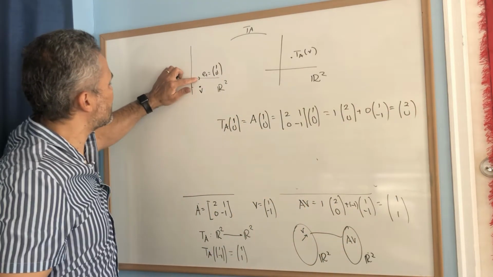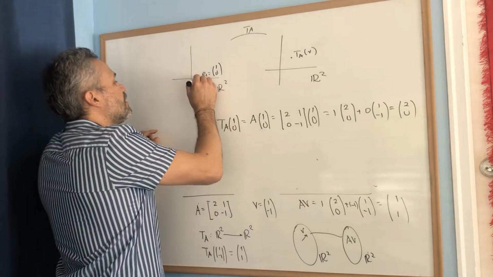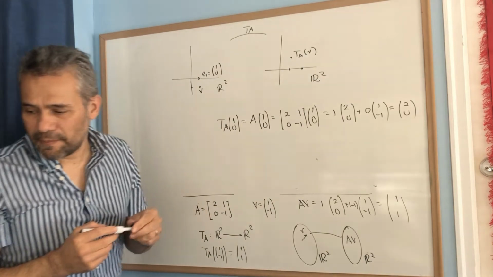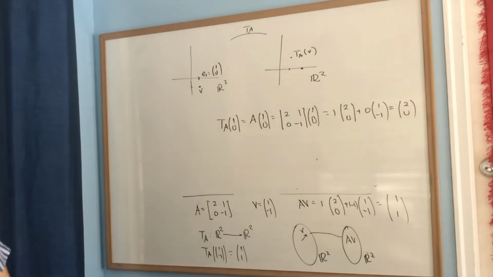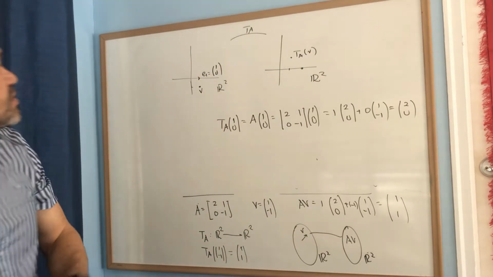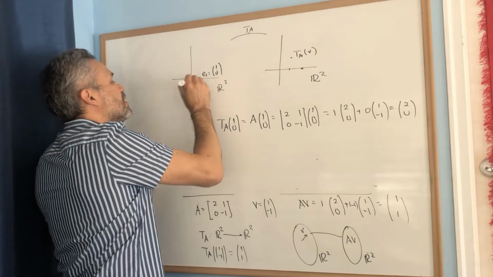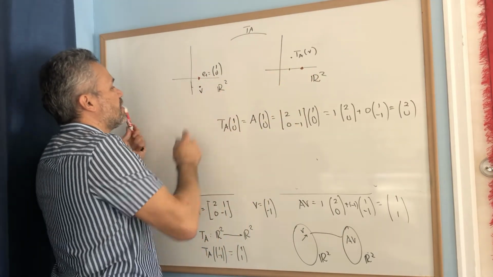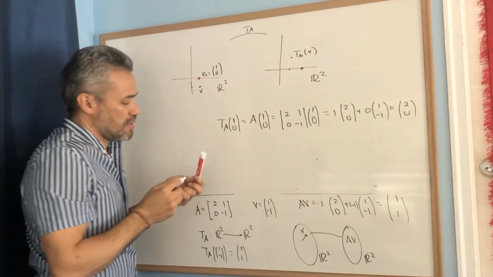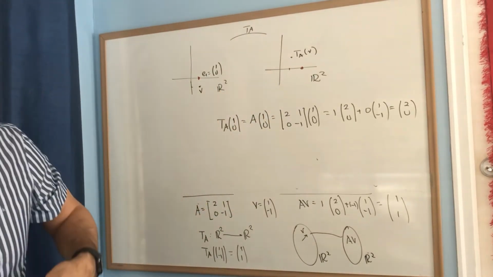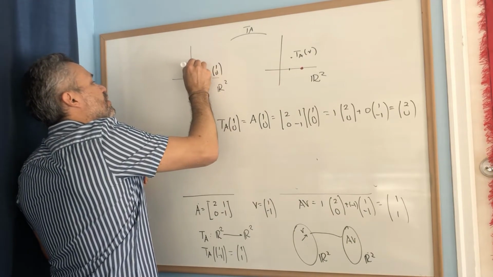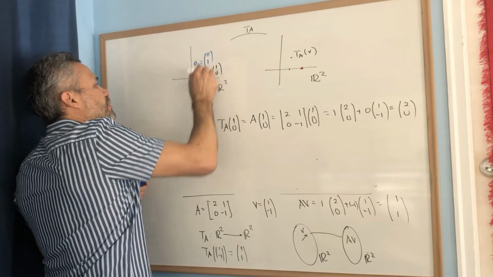That means that this vector, this point here, goes to this point here. Maybe it would be a good idea if I use colors. This point goes to this point. What is the effect of E2? E2 is 0, 1.